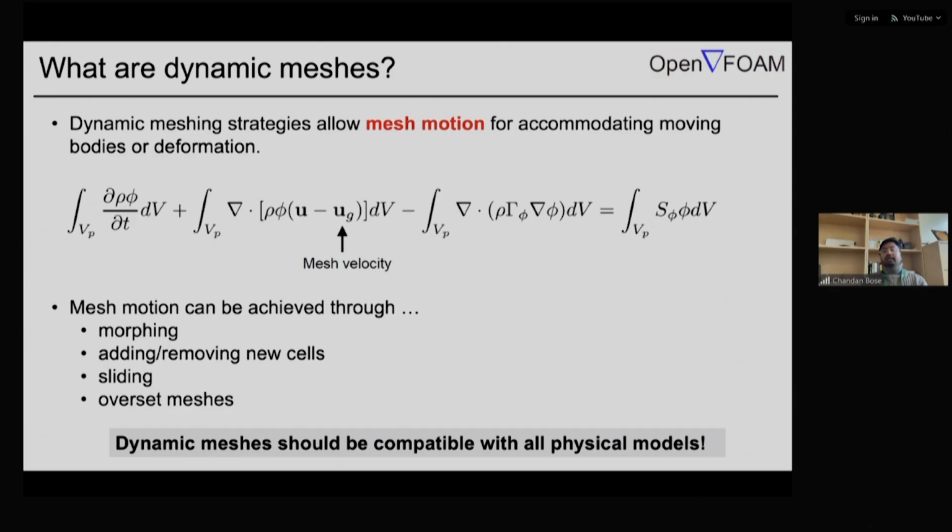Okay, so the take-home message is that dynamic meshes should be compatible with all types of physical models. So it is not limited to only solvers that we use for fluid dynamics or heat transfer. The same framework can be used for any type of multiphysics problem.